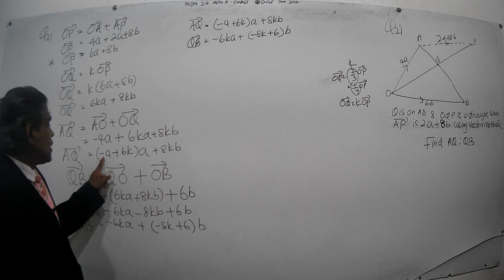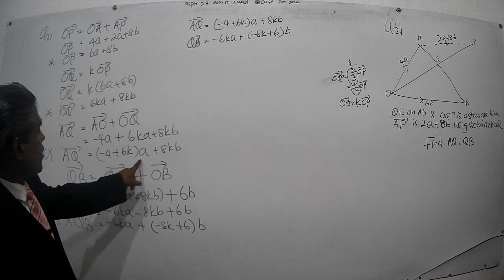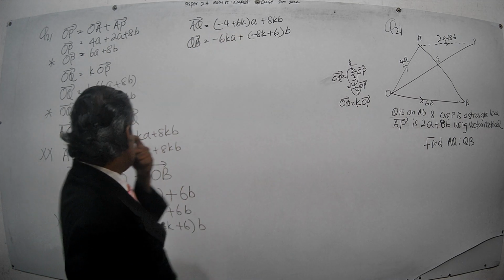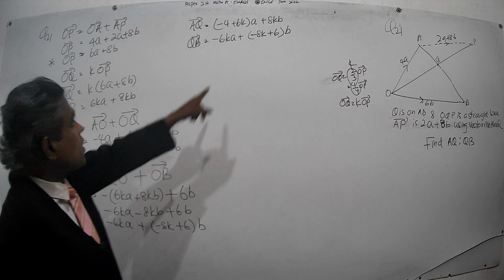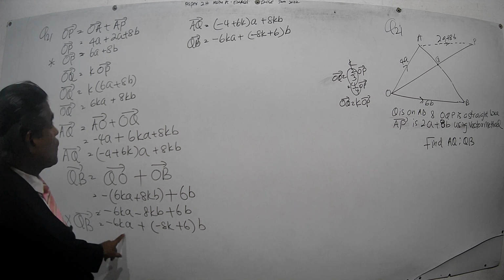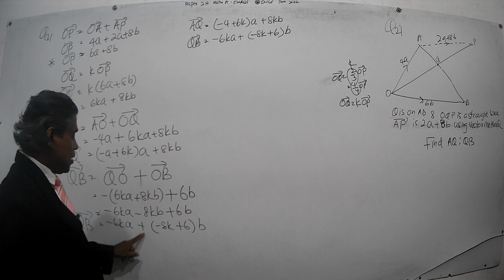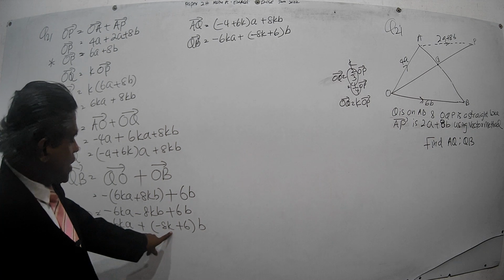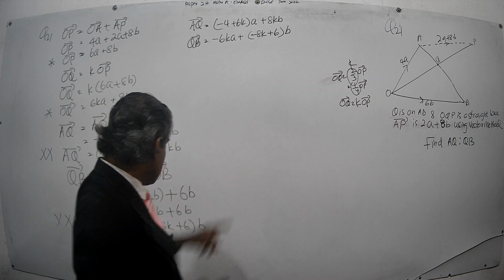AQ vector is minus 4 plus 6k, A, and plus 8kB. QB vector is minus 6kA plus minus 8k plus 6, B.